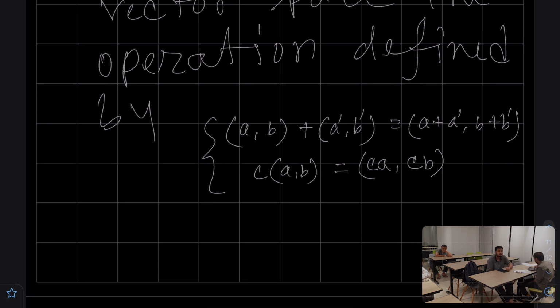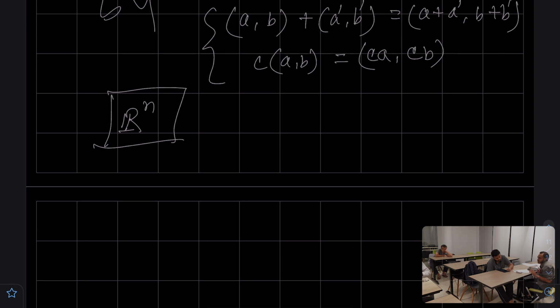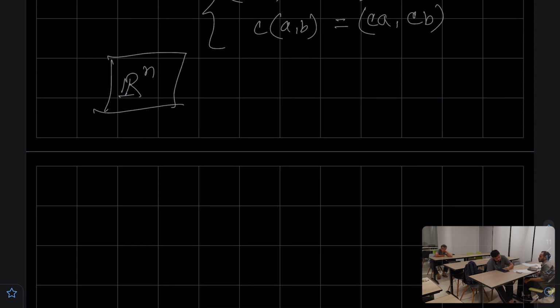So is it possible that R to the n is a vector space? If I define the addition and scalar multiplication in the same way I define them for R2, is it a vector space? Yes. Then this is a vector space, right? Okay. Now, why are we generalizing this definition?